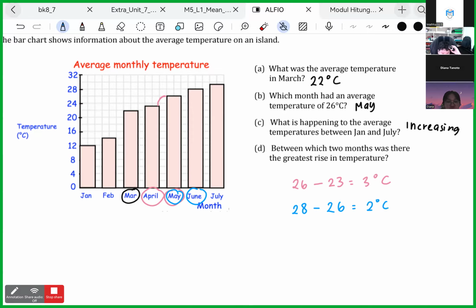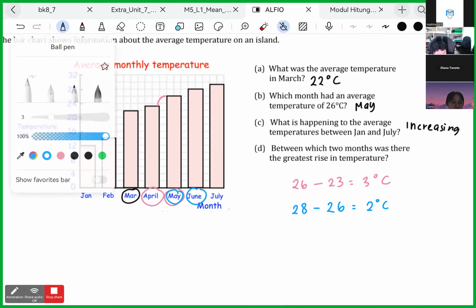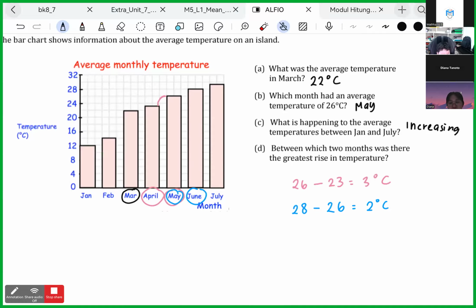Okay, for D, you need to search what is the greatest rise between 2 months. Yang naiknya paling jauh. Yang naik paling jauh. Yep. February and March. Gapnya berapa?